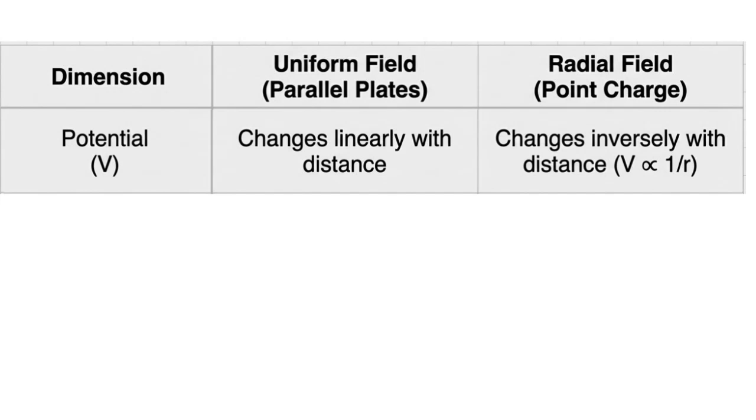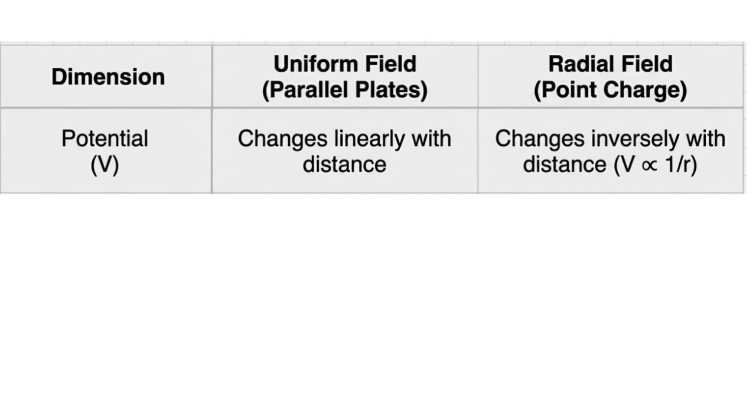Now that we've looked at the main characteristics of electric fields and potential in uniform and radial fields, it's important to understand the key differences. In a uniform field, like the one between parallel plates, the electric field is constant everywhere, and the potential changes linearly as you move between the plates.